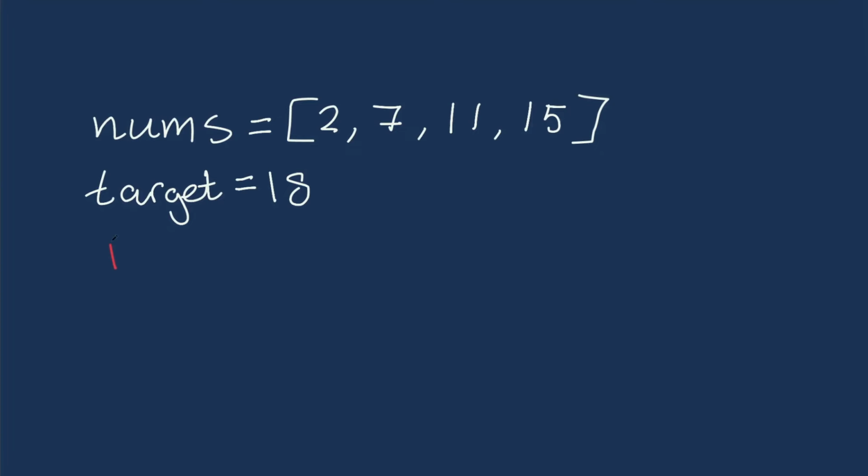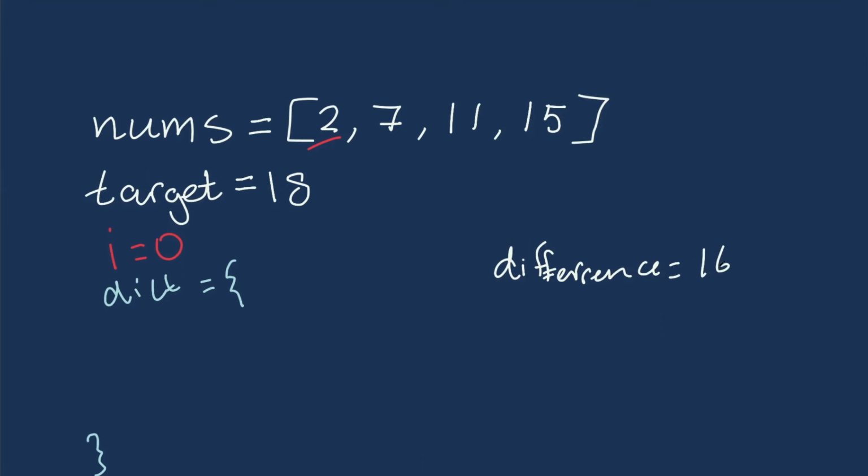So let's initialize a variable i for the iteration and another variable, a dictionary, in order to store our calculations. And then at the first index, or the 0th index, we calculate the difference between 18 and 2, which is 16.